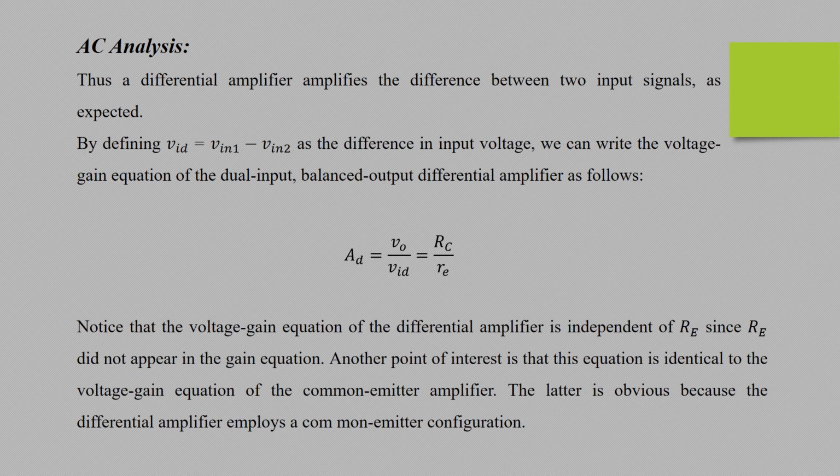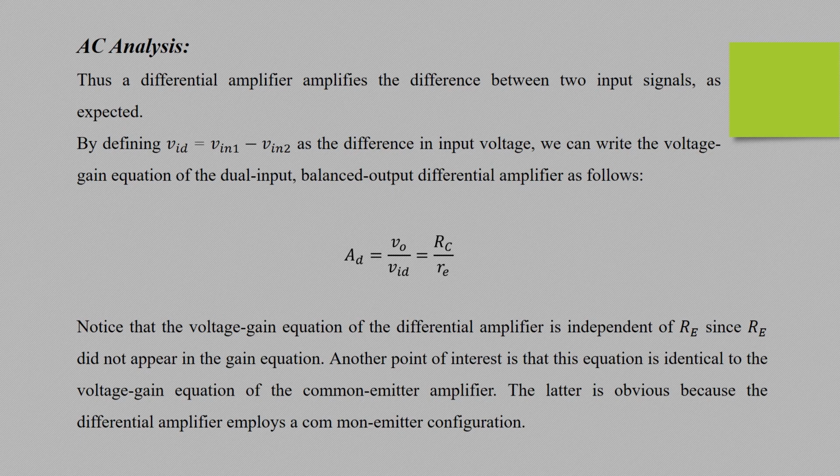Thus, we can see that the differential amplifier amplifies the difference between two input signals as was expected. So we define VID, which is equal to Vin1 minus Vin2, as the difference in the input voltages.